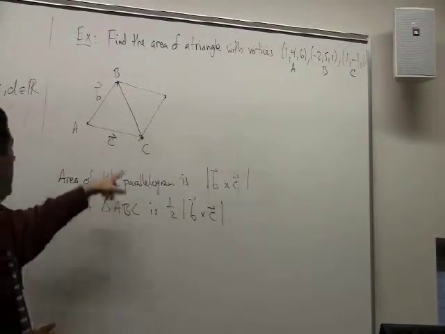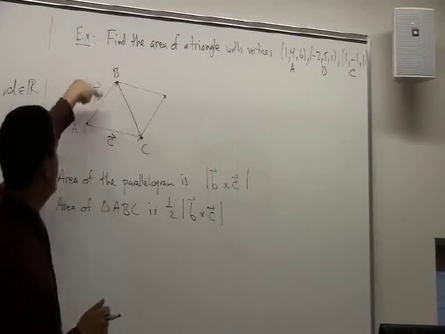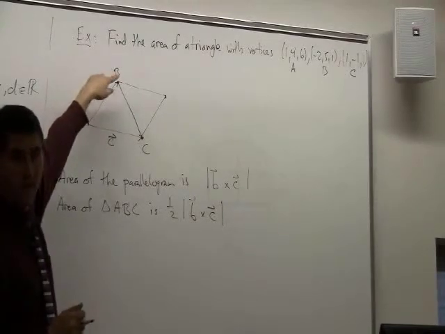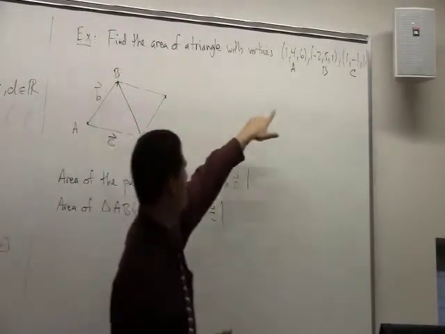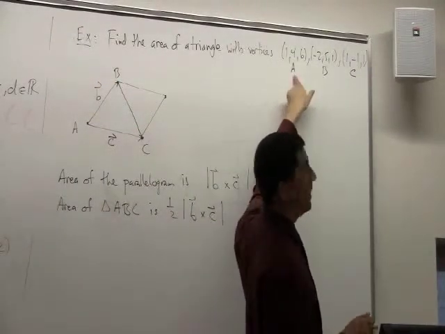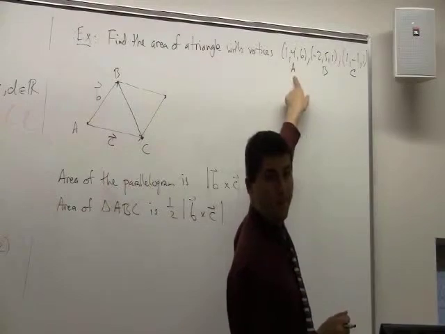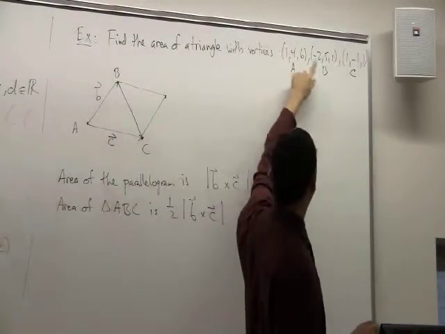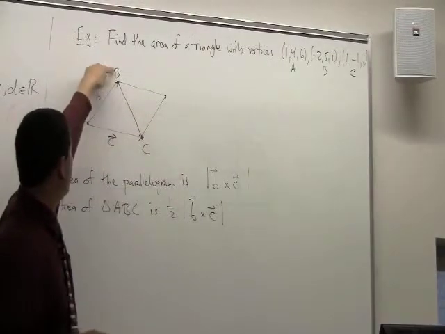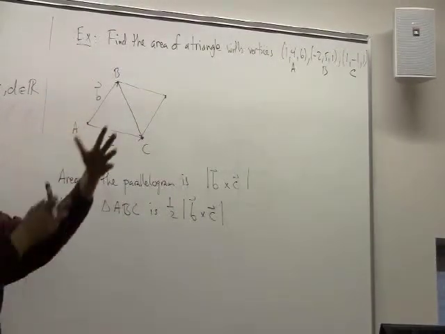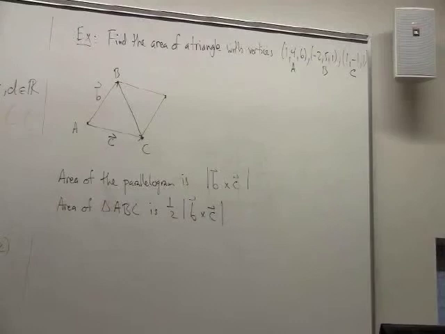Well, let's see. B is a vector going from A to B. What is that vector? You just get it by subtracting B minus A, right? If you take these points and subtract them, that will give you the coordinates. Doing this minus that is like bringing it back to the origin somehow.